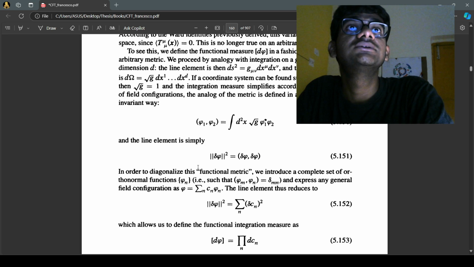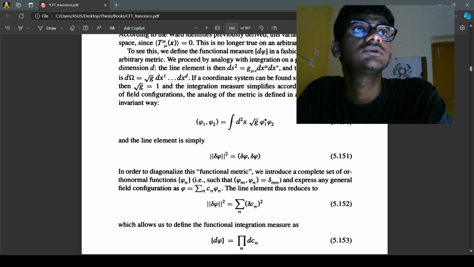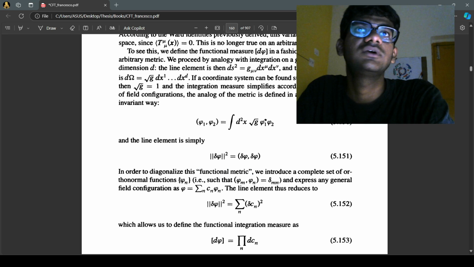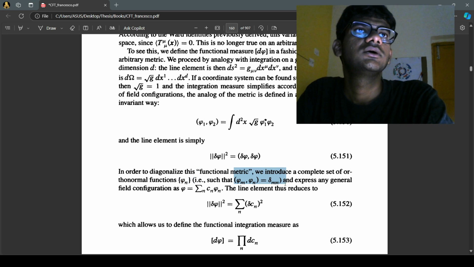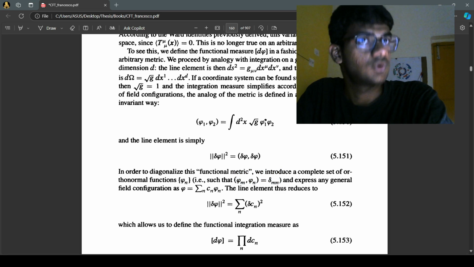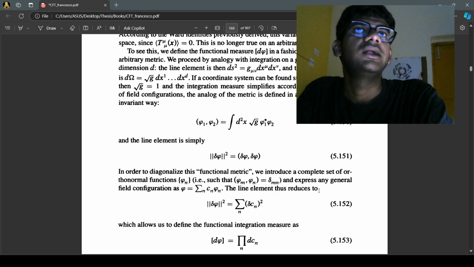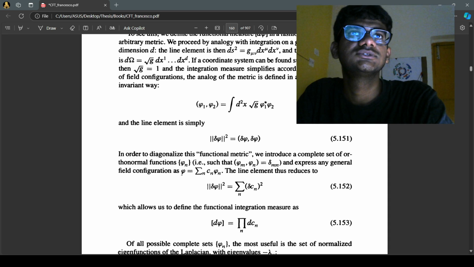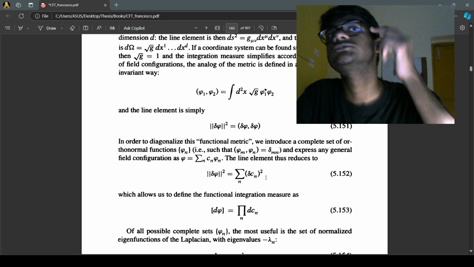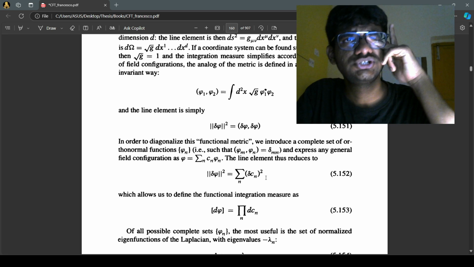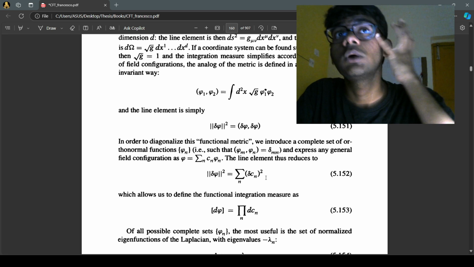In order to diagonalize this functional metric, we introduce a complete set of orthonormal functions phi n in such a way that the inner product of phi n and phi m is delta nm. And express any general field configuration as phi equals the sum of c n phi n, and the line element thus reduces to the sum of delta c n squared. Sure. Wait, what?